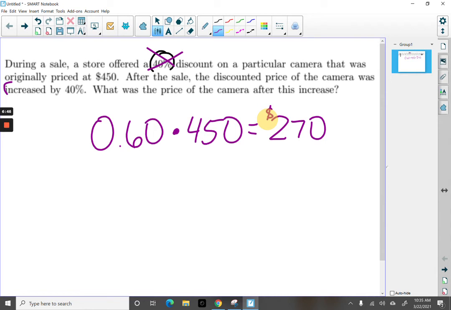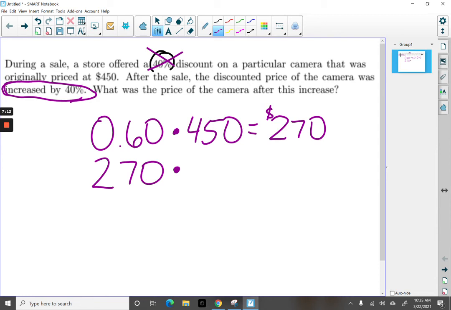And from this 270, we can also say we're increasing this by 40% as well. But we're not going to use 0.60 anymore. Now we are going to take this 270, and instead we're going to multiply it by an increase of 40%. So if we had our x, we'd be adding this 0.4x.